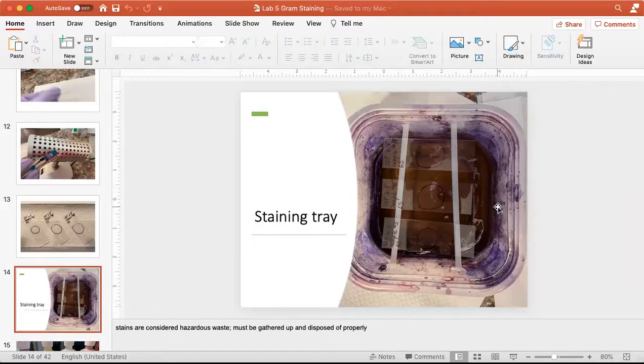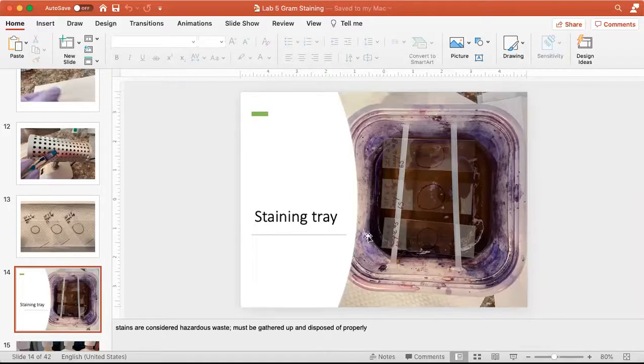Now, the reason we use staining trays like this is because, remember, stains are hazardous. So we have to collect all of the stain that we use so that we can then put it into a hazardous waste bottle.